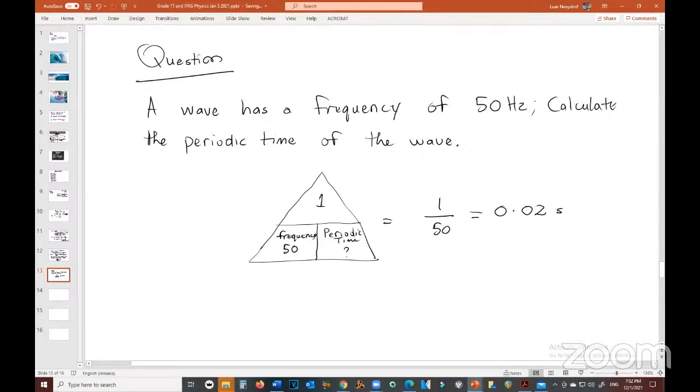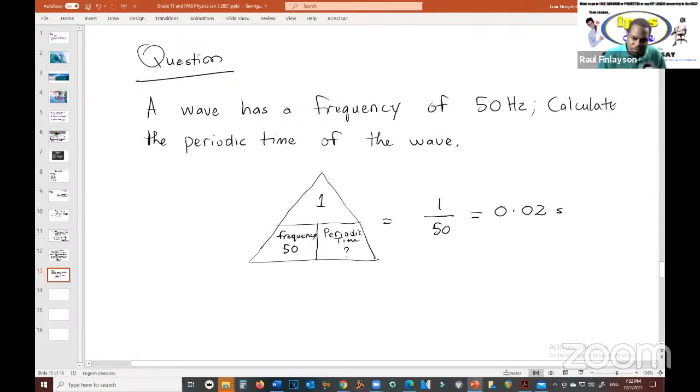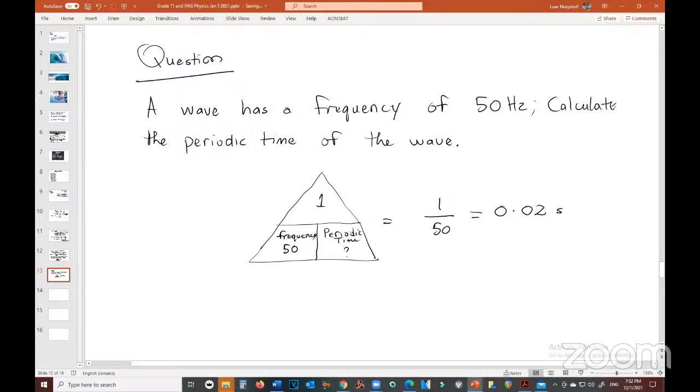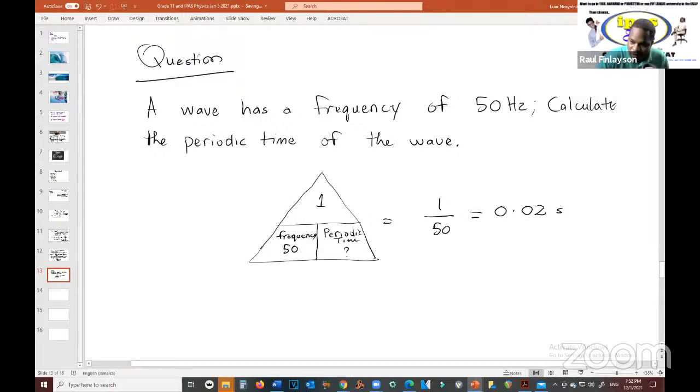So we could have it in milliseconds, which CXC could use as a trick on you as well. So let's just learn how to work with milliseconds. It would be the same thing as 20 milliseconds.